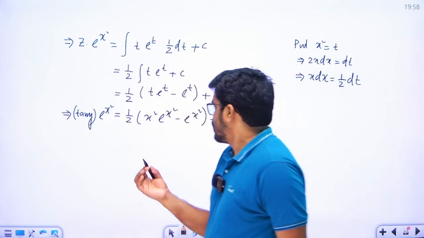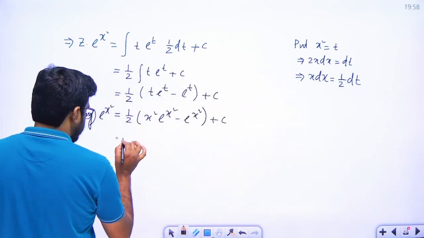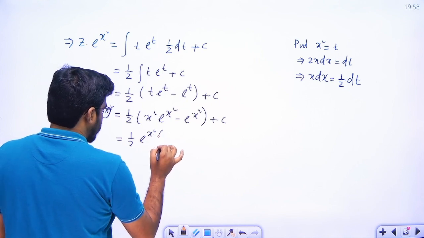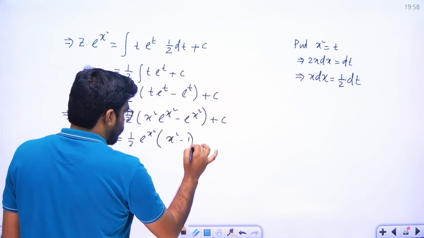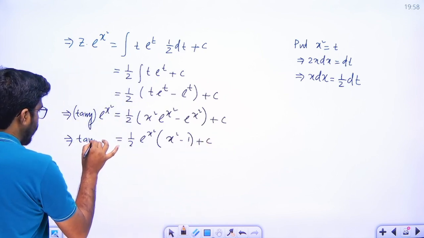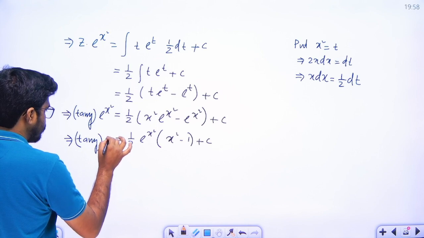You can simplify this, taking e to the power x square common, we get 1/2 into x square minus 1 plus c, that means tan y into e to the power x square equals this.